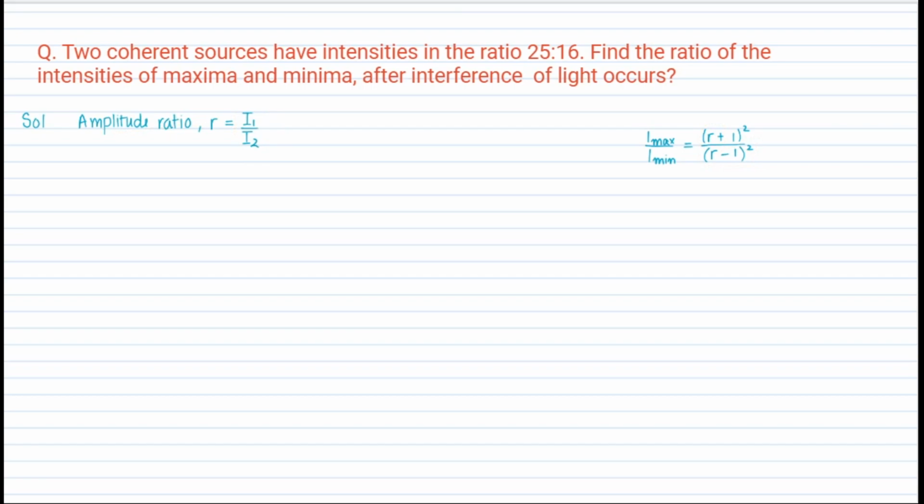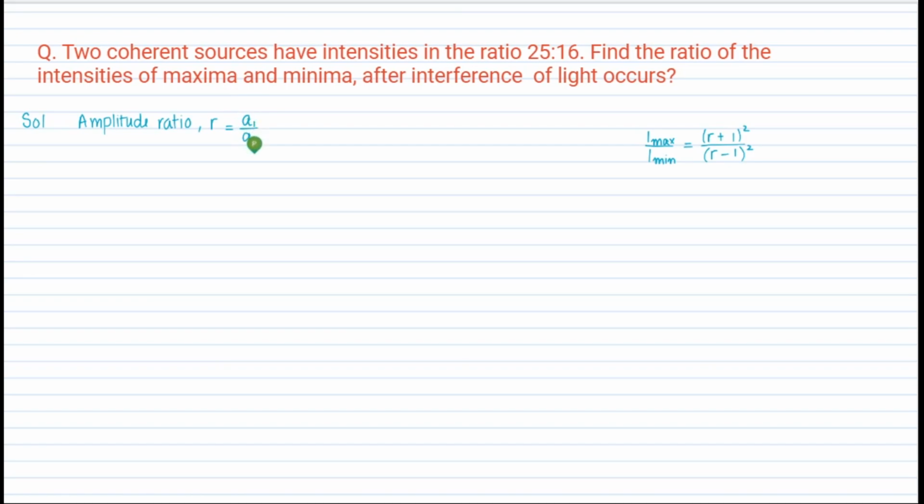Fine. Don't forget to put a square root. Or you can also understand it like this: your amplitude ratio can be written as A1 by A2.